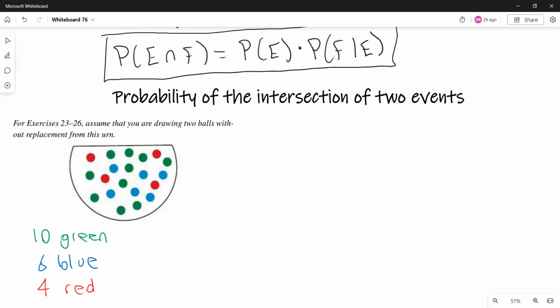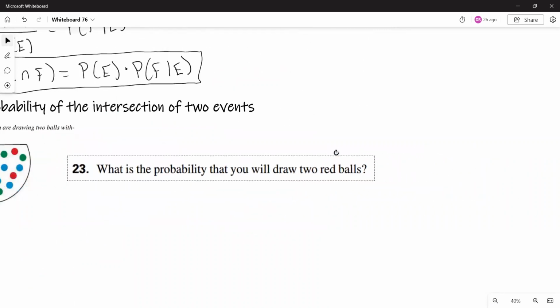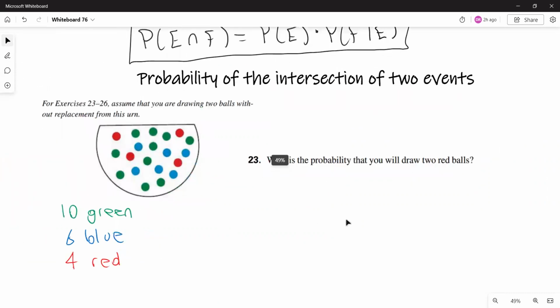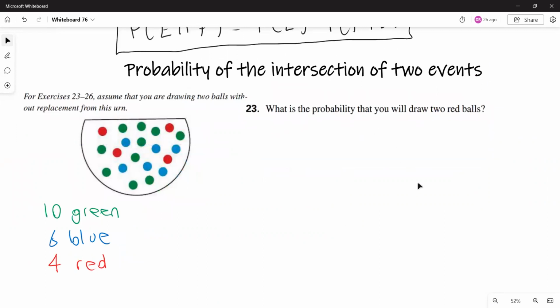Okay, question 23. What is the probability that you draw 2 red balls?